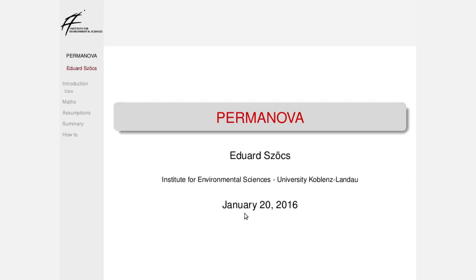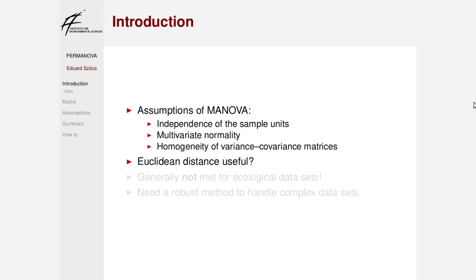Welcome to the second part of this session, which is about PERMANOVA, Permutational Multivariate Analysis of Variance. In the previous session we learned about the parametric multivariate ANOVA, and this method assumes multivariate normality and also homogeneity of variance-covariance matrices.